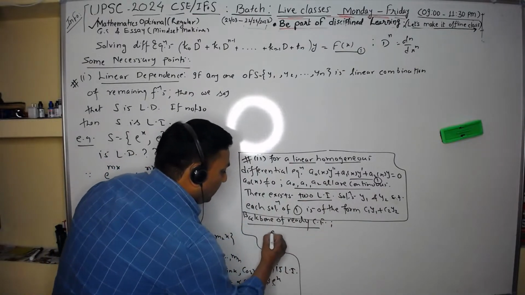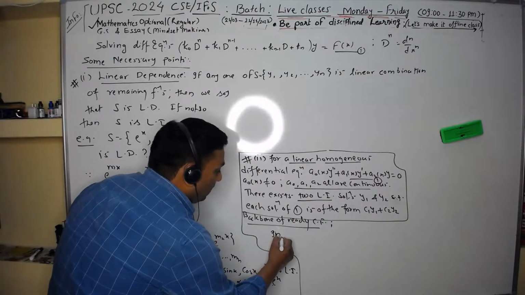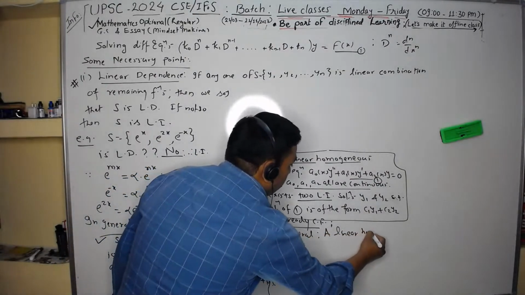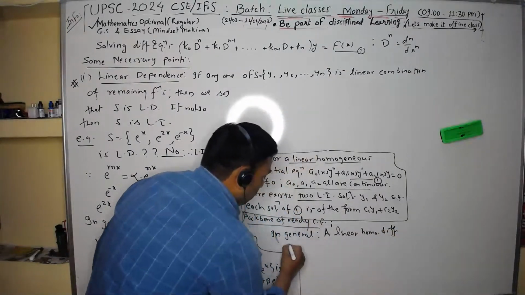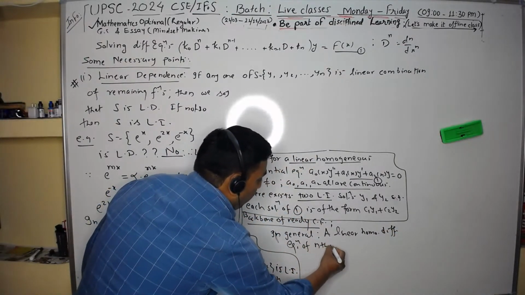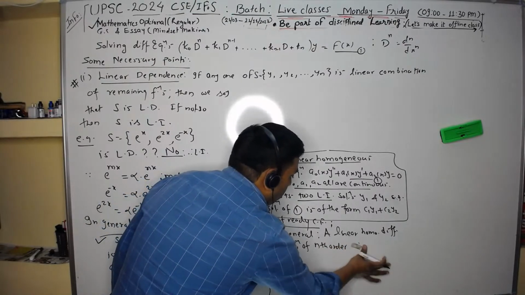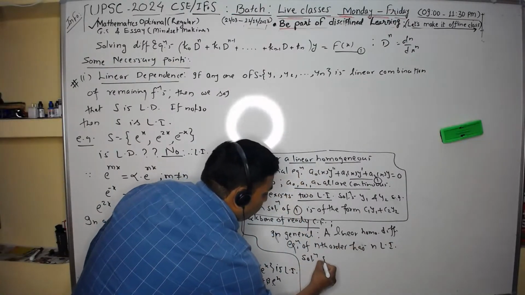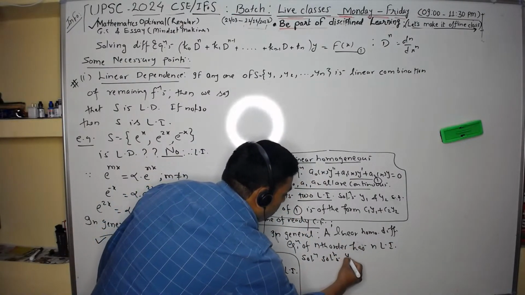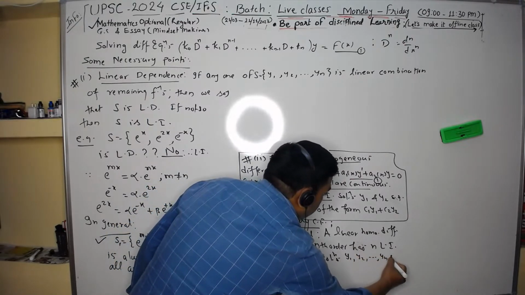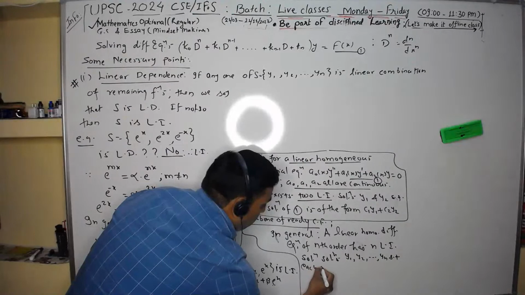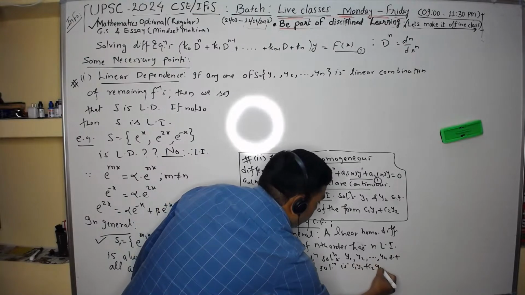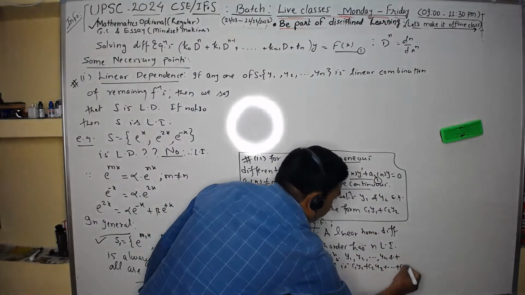Write below, in general, a linear homogeneous differential equation of nth order has n linearly independent solutions y1, y2, ..., yn such that each solution is C1 y1 plus C2 y2 plus ... Cn yn.